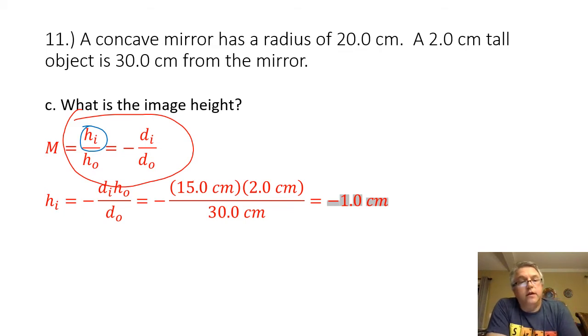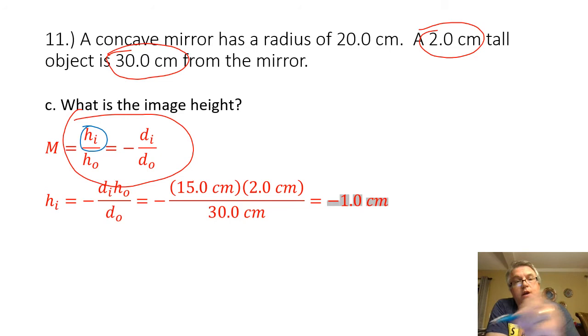Now the image distance we got from the previous part of the problem, that was 15 centimeters. The object height, which we are given right here, is 2 centimeters, and the object distance is given right here at 30 centimeters. And when I do that math out, I'm going to have an image height of negative 1.0 centimeters.